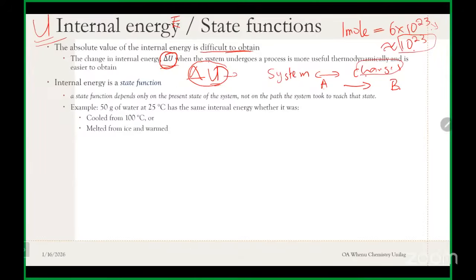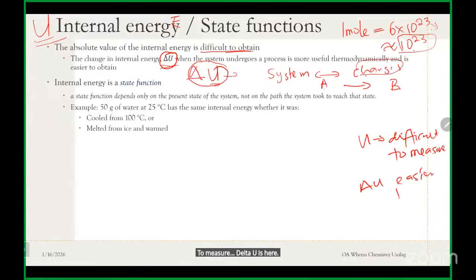So U is difficult to measure, delta U is easier to measure, and also more meaningful. So let's move on.